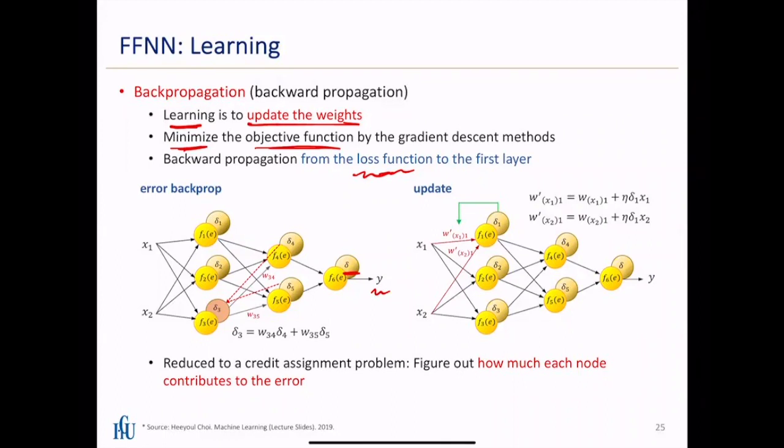So here delta in the diagram represents the gradient of the error. And this gradient was made from the aggregation of F4 and F5. And each of these connections represents some weight value.